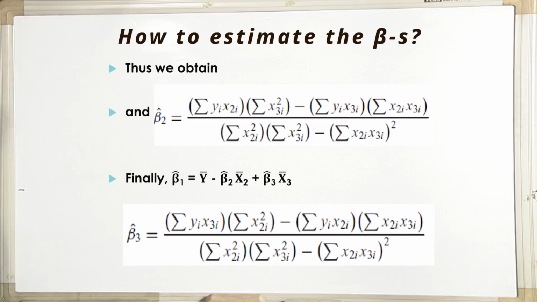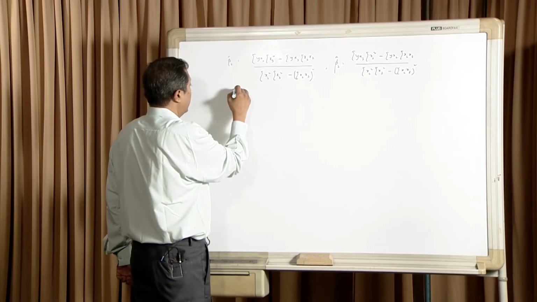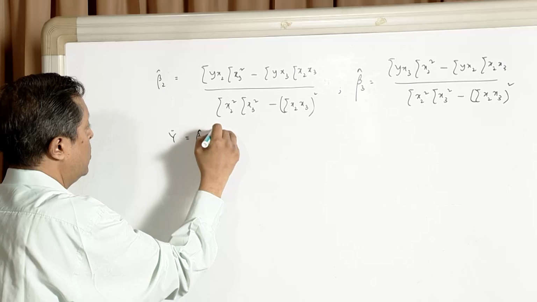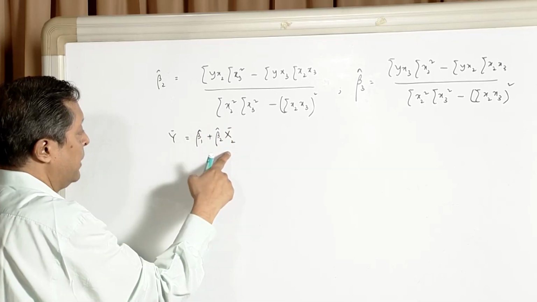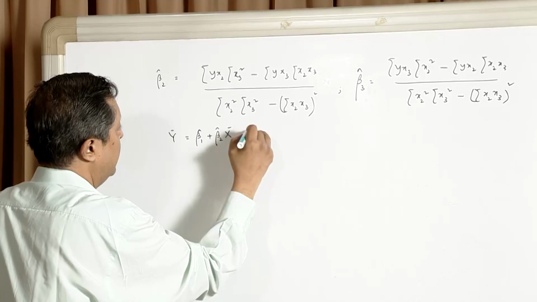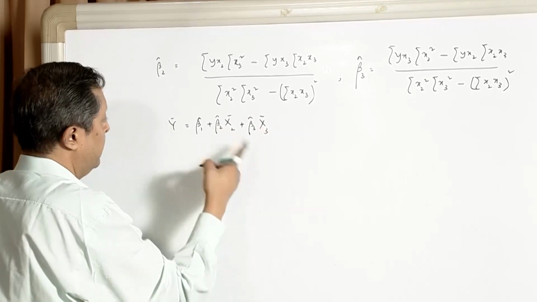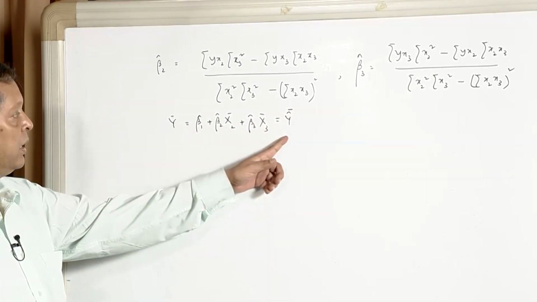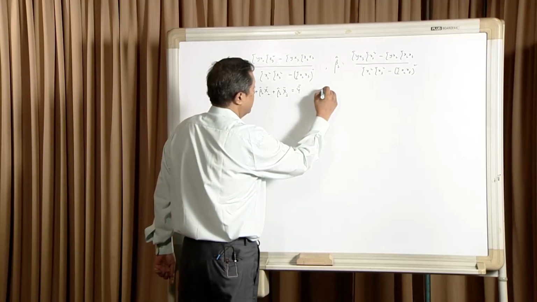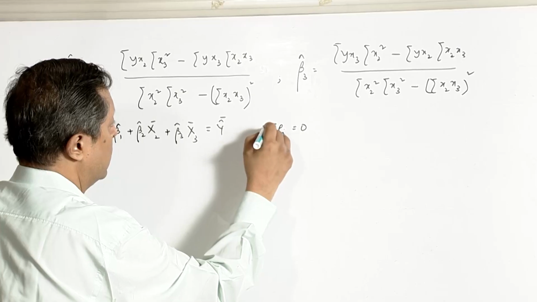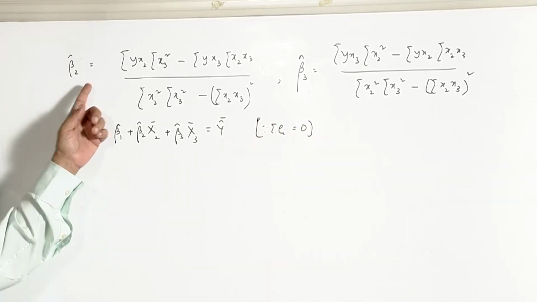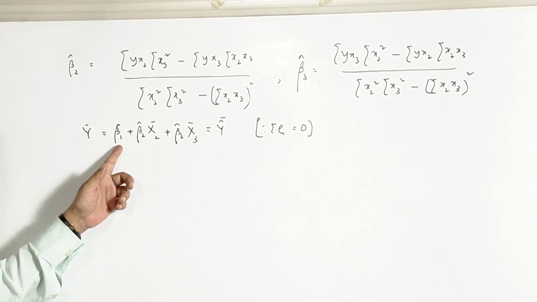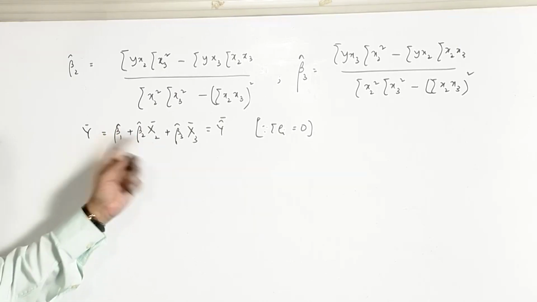Once we obtain beta 2 hat and beta 3 hat, we know that y bar is equal to beta 1 hat plus beta 2 hat x2 bar plus beta 3 hat x3 bar, because this is equal to y hat bar, and y bar and y hat bar are the same because summation ei is equal to 0. So, once we obtain beta 2 hat and beta 3 hat, we can plug those values in and obtain beta 1 hat as y bar minus the other two expressions.